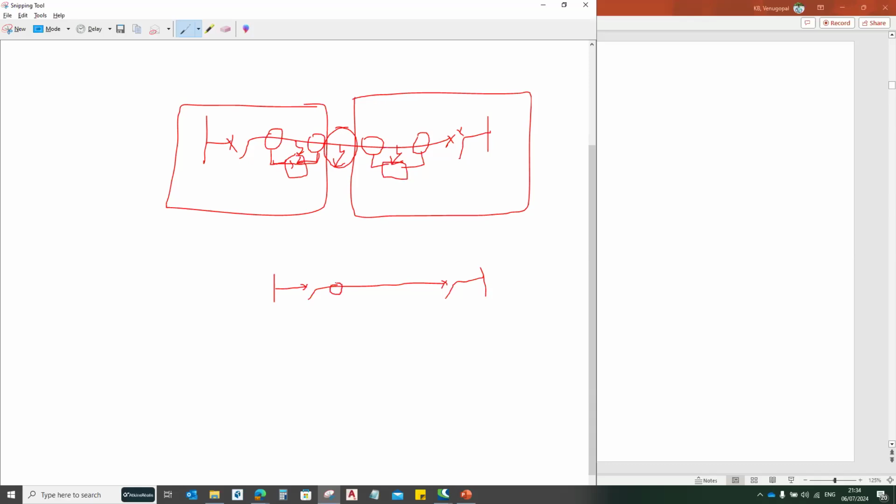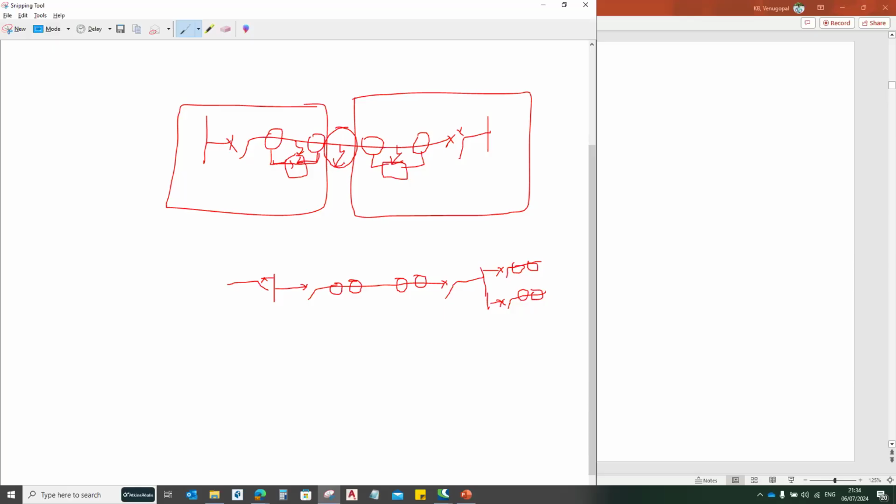Let us assume you have one more CT here, one more CT here, and one CT on each side.